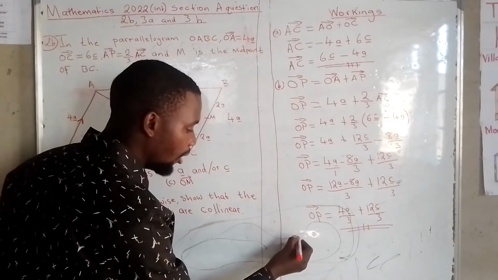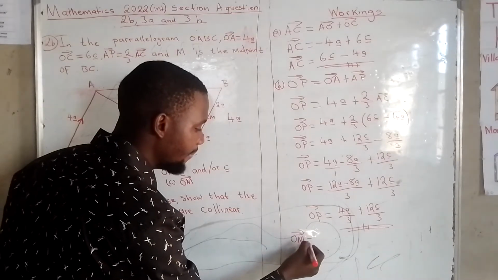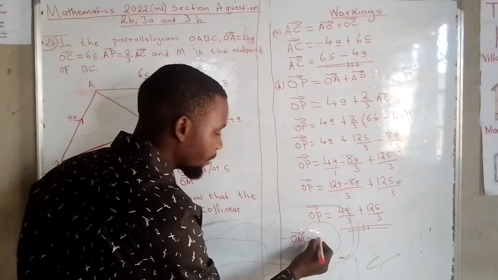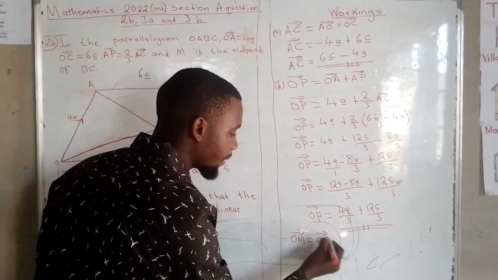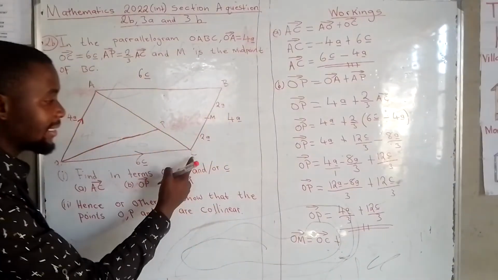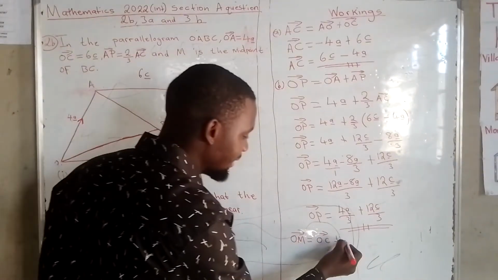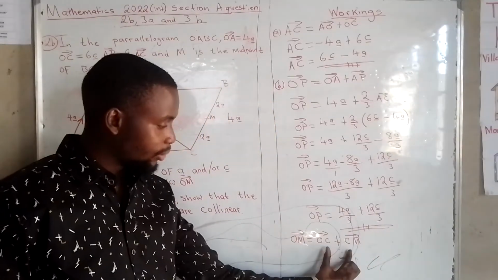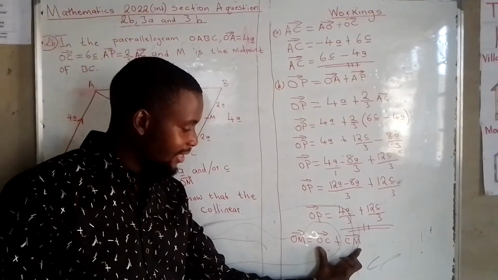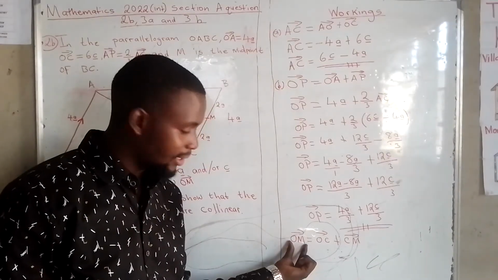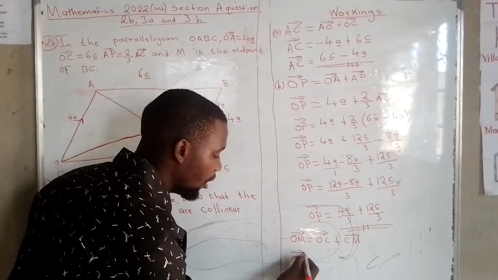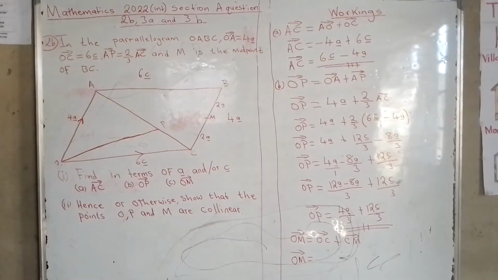So I'll say OM. OM should be equal to OC. So we say OC plus what? CM. As usual, these two letters should be common. Then these two letters should represent what is this side. So that we're going to say now OM is equal to, let's hope this is visible.